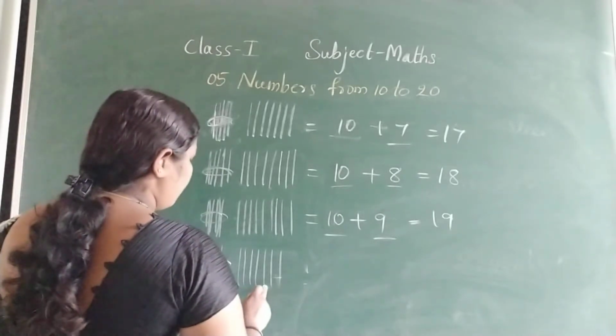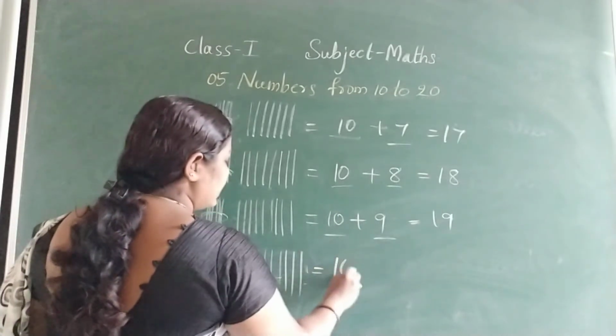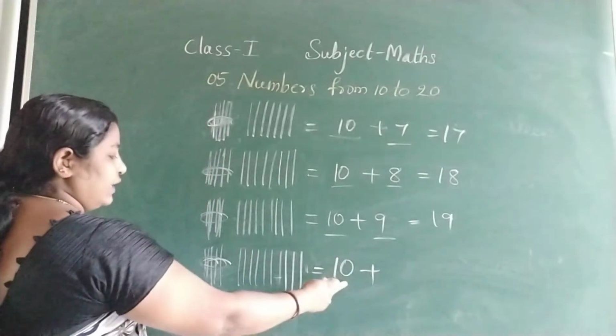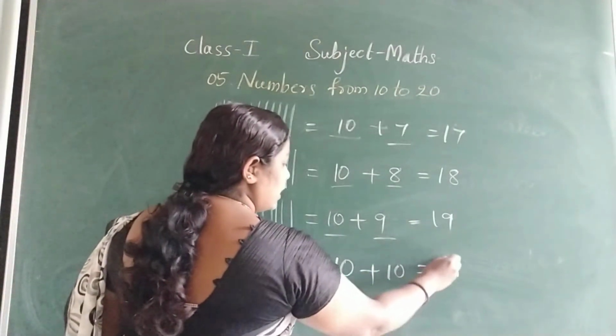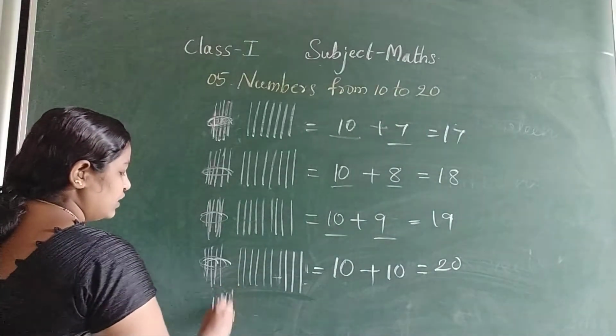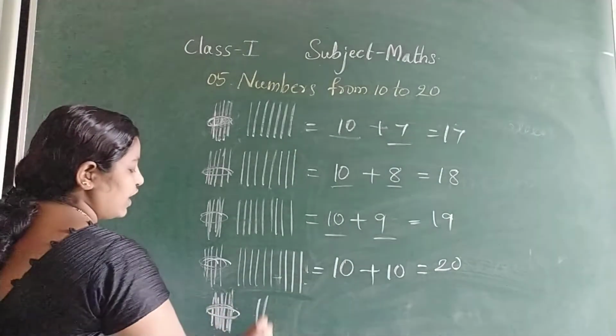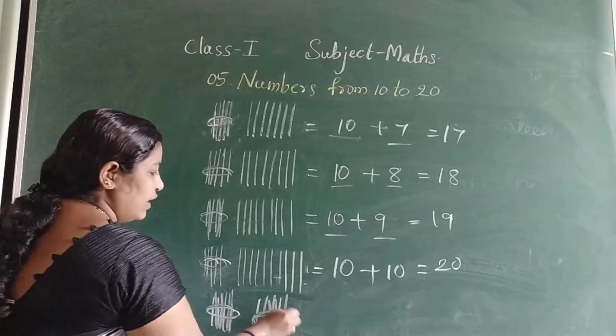1, 2, 3, 4, 5, 6, 7, 8, 9, 10. Okay. This is nothing but one bundle of 10. These are also 10. 10 ones is equal to 20. So this can be written like this also in terms of tens. These 10 pencils we will make one bundle.